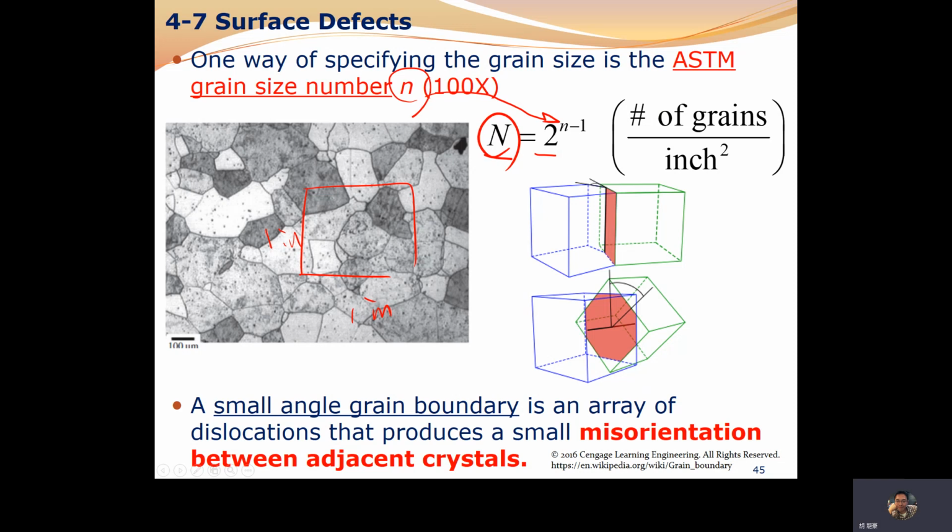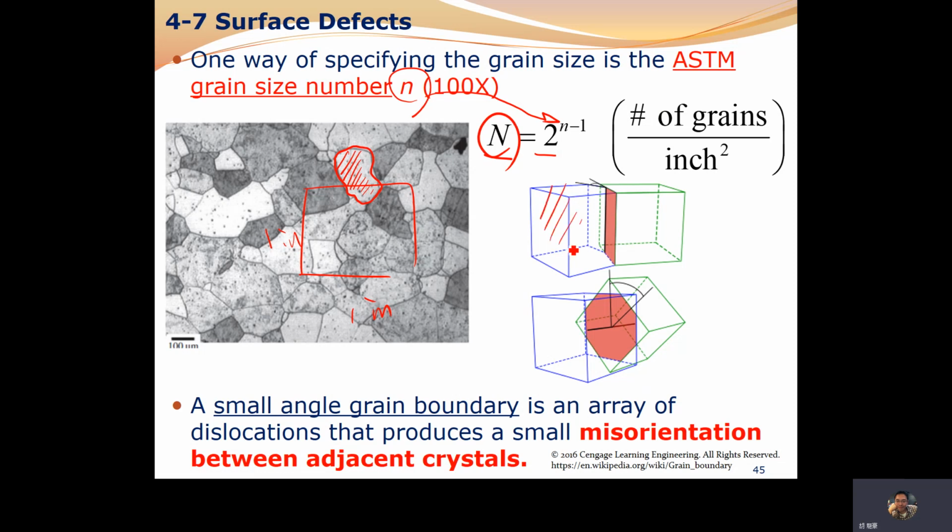Okay, and the small angle grain boundary is an array of dislocations that produces a small misorientation between adjacent crystals. Let me show you a 3D picture like this. When we observe the grain size from a microscope, no matter optical or TEM, the grain is a 3D structure. You can see this grain has a depth into the screen. Therefore, we can plot each grain in 3D.